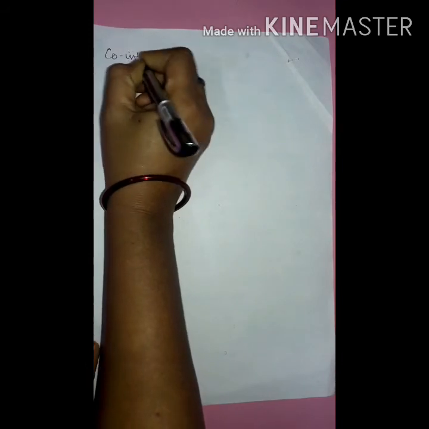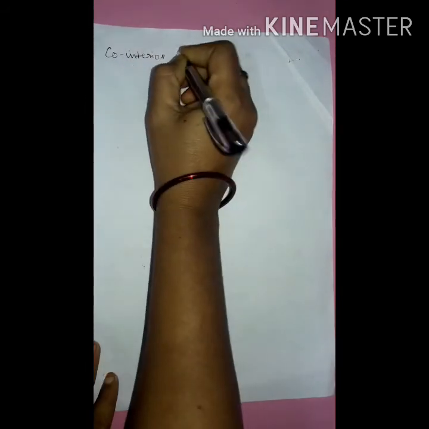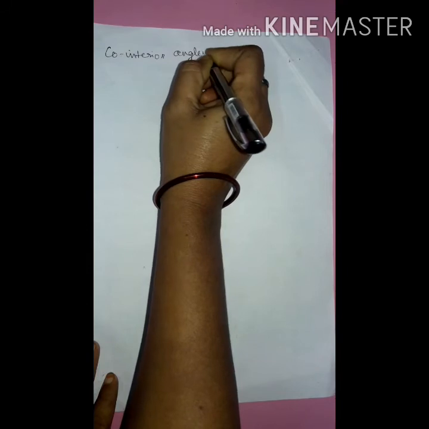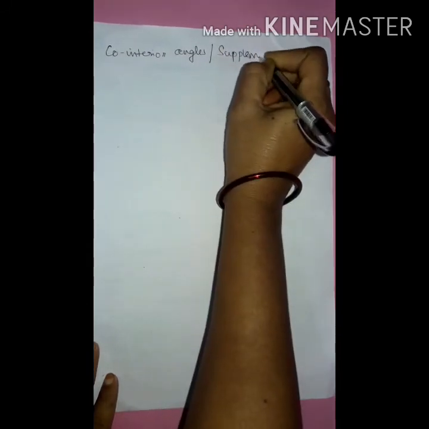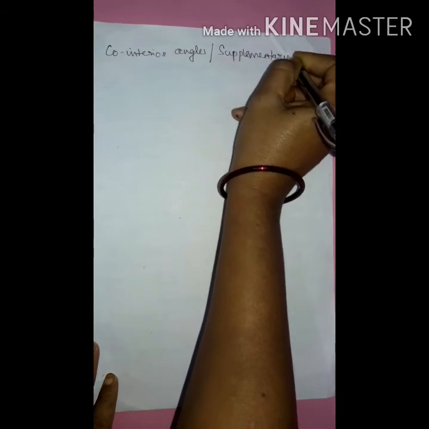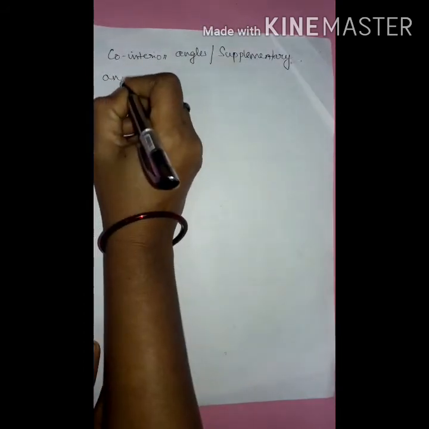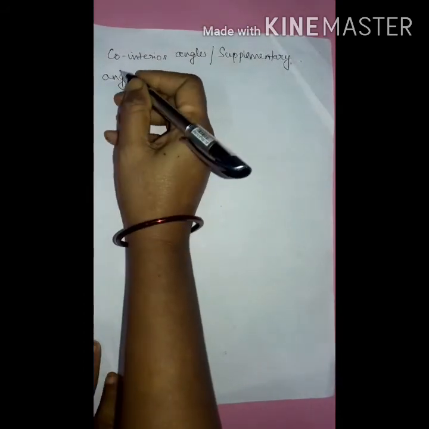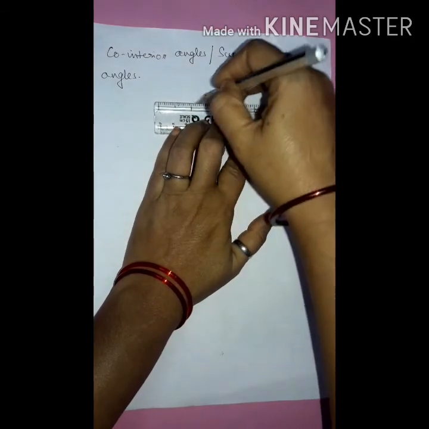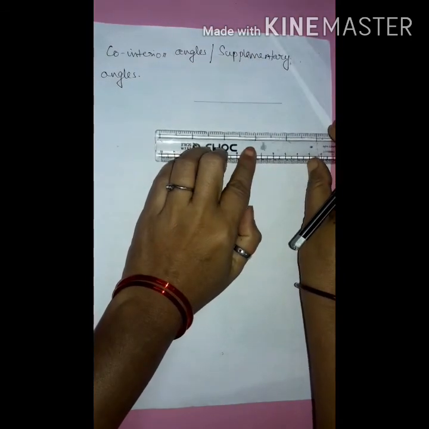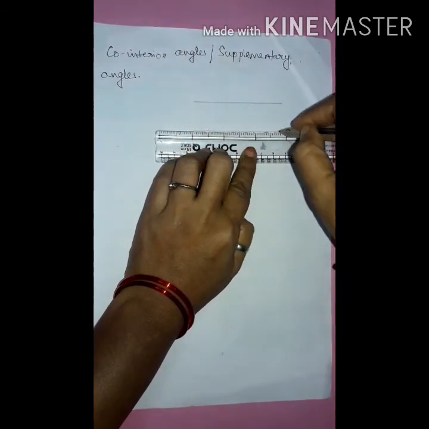Next is co-interior angles, or supplementary angles. So what are the co-interior angles? How can you know that? This is a very important point in parallel lines. It can be helpful in class 9th or 10th also.